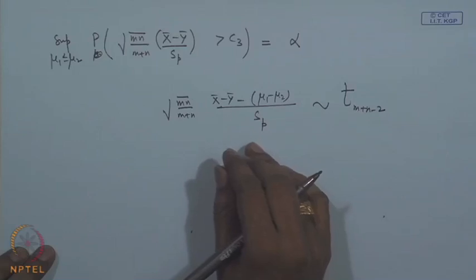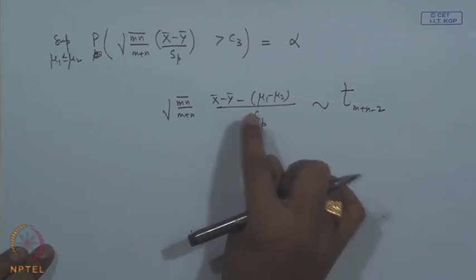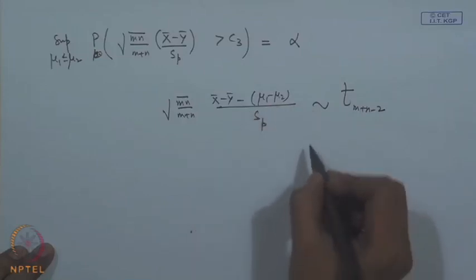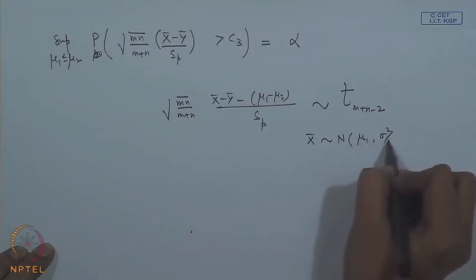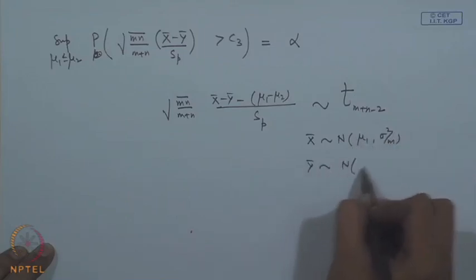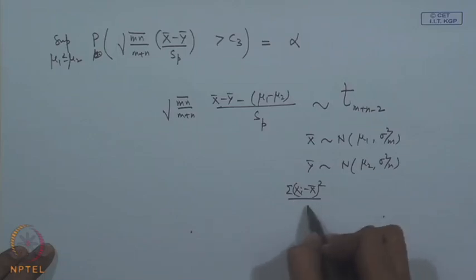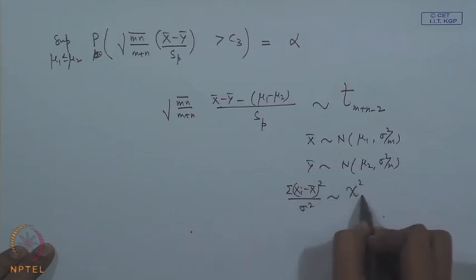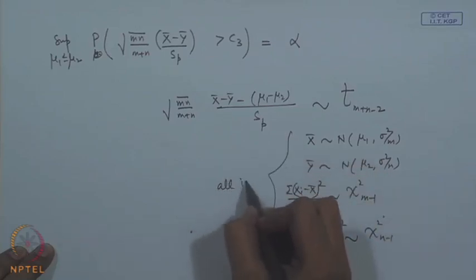This part we have considered earlier in the sampling distributions in my lectures on probability, because you are having x bar following normal mu 1, sigma square by m, y bar follows normal mu 2, sigma square by n, then sigma x_i minus x bar whole square by sigma square follows chi square distribution on m minus 1 degrees of freedom, sigma y_j minus y bar square by sigma square follows chi square distribution on n minus 1 degrees of freedom, and these are all independent.